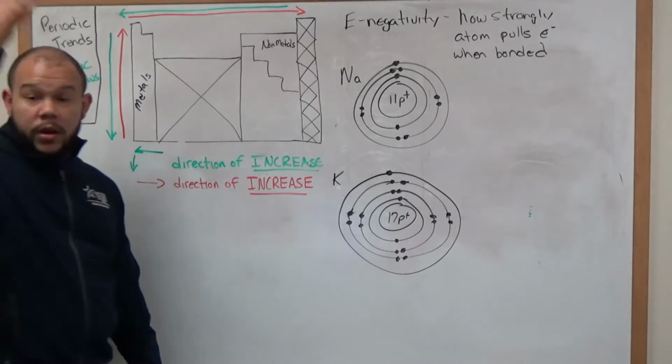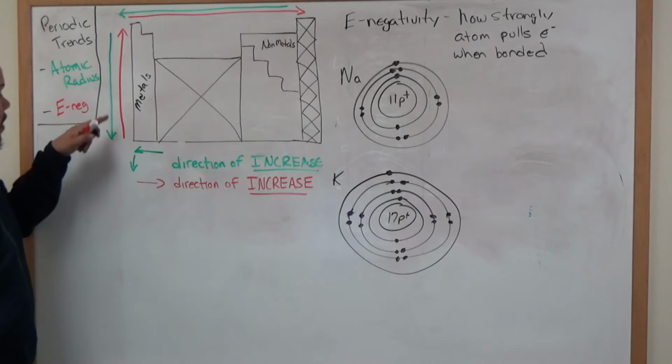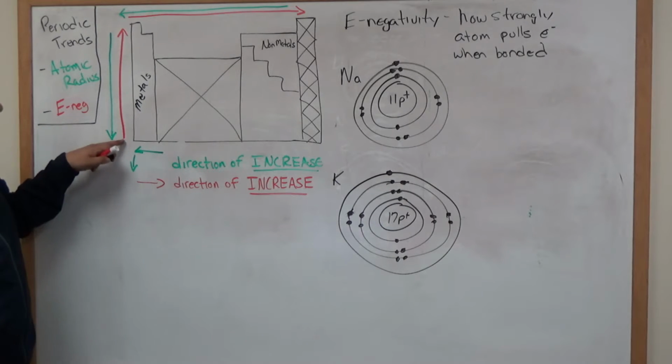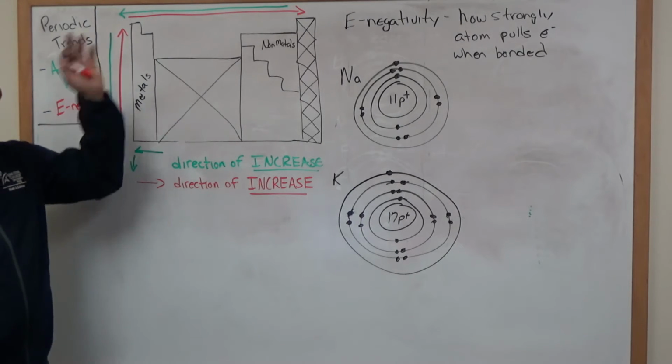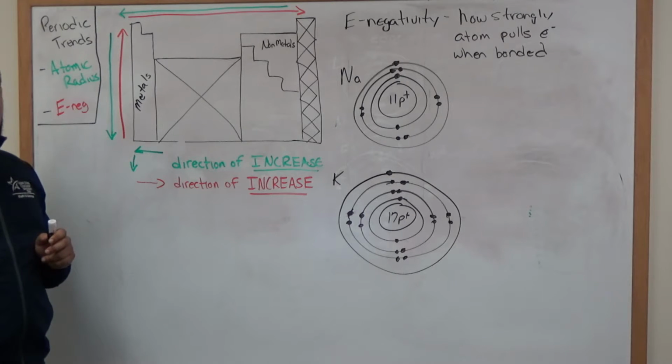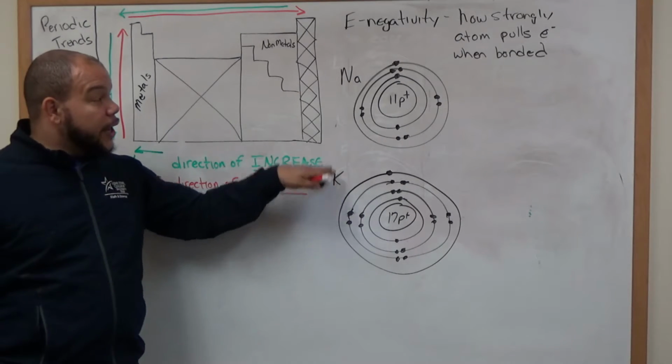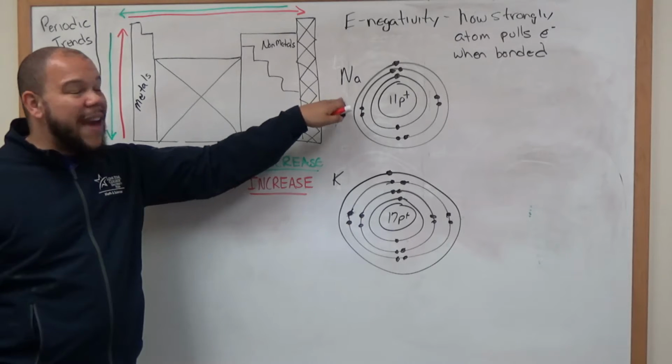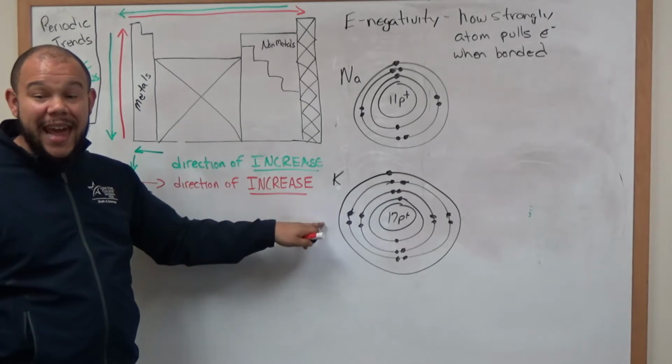Potassium and sodium are in the same column. And we say that the increase in electronegativity is from bottom to top, which means that Na should have a higher electronegativity than K.